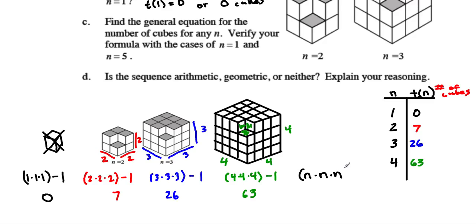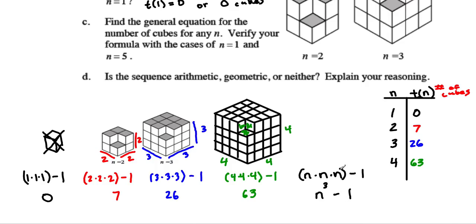That would give us the volume of the cube if it was complete, and then we'd be subtracting 1. Now I've written this like this each time here, but how can we really write this shorter? N times n times n is going to be like saying n to the third power minus 1.